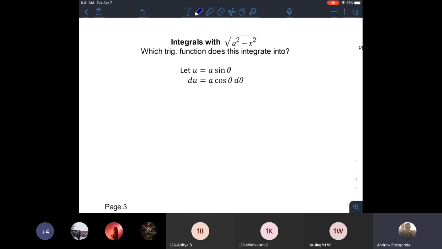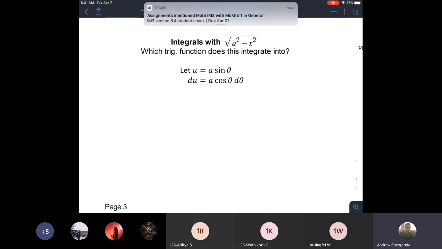So this here, remember, u represents whatever our function is in terms of x. And so we are going to start with this substitution, u equals a sine theta. And then we're just going to immediately find our derivative, du. And we're going to end up substituting that in. That's going to allow us to do our integral. And then we will have to substitute back when we are done.